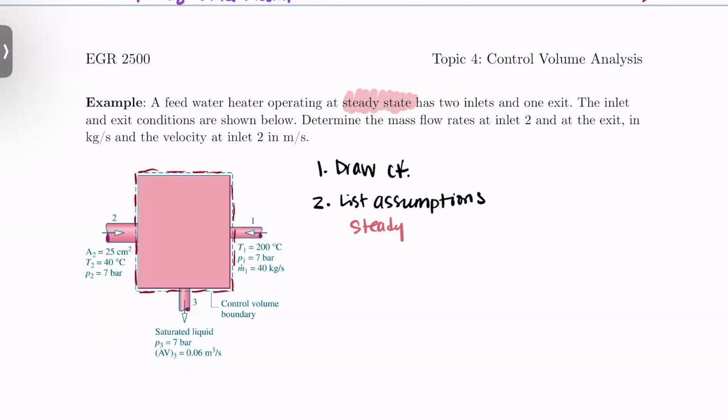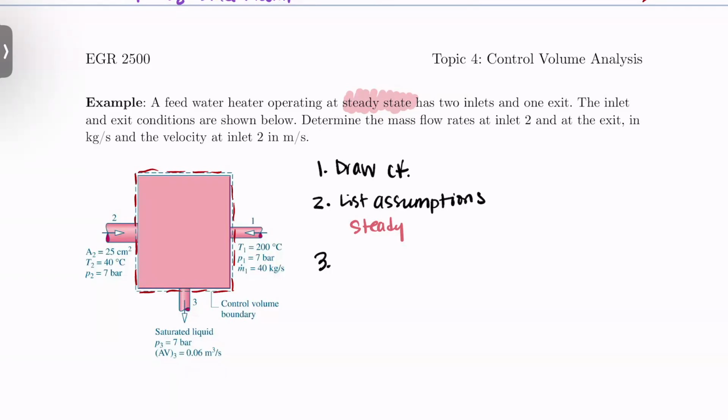Another one that we might be tempted to assume is incompressible, right? But we're given a bunch of information about temperatures and pressures at the inlets and exits. So that should indicate to us that we probably can't do that, and it's not explicitly said, okay? So we will leave it there for now.